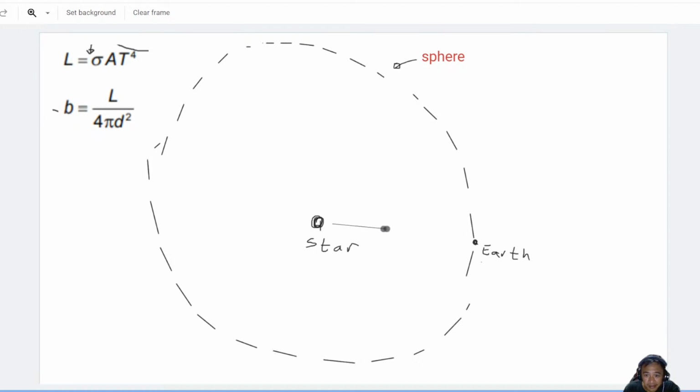Going back here, I'm going to make two distance measurements. This distance r, which is the radius of the star. And then this distance d, which is the distance between the star and the earth.